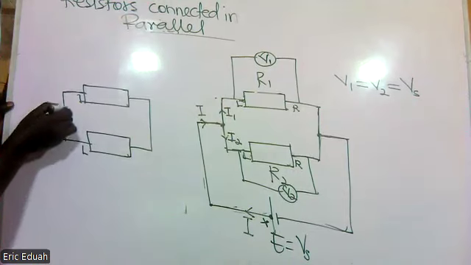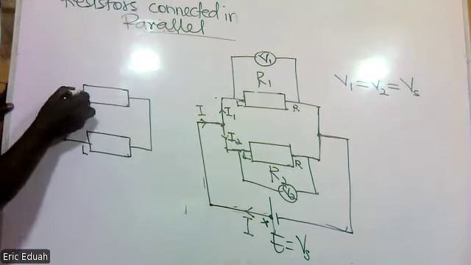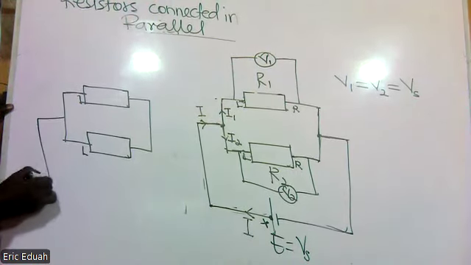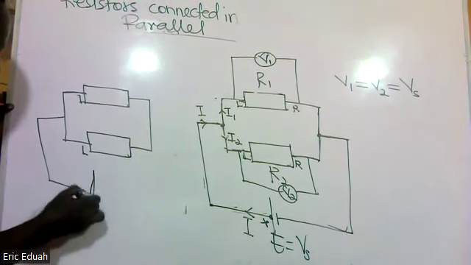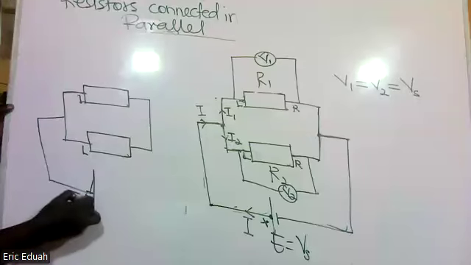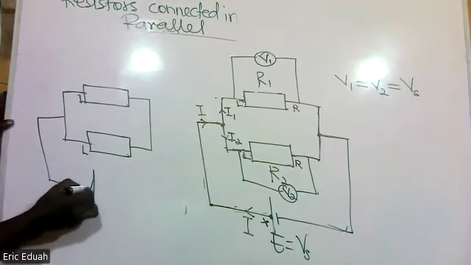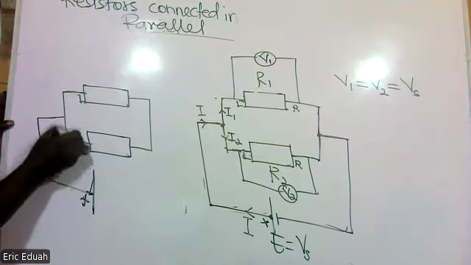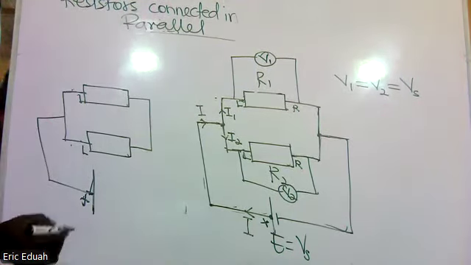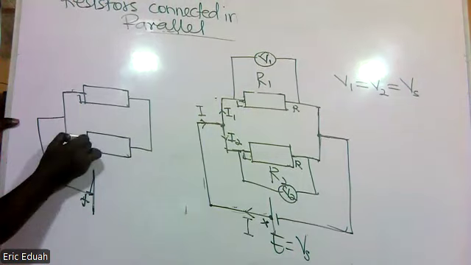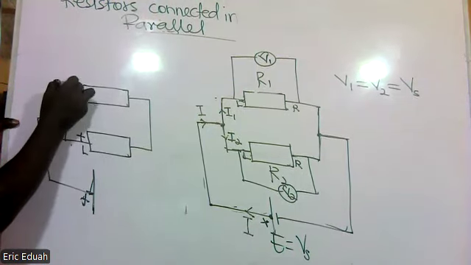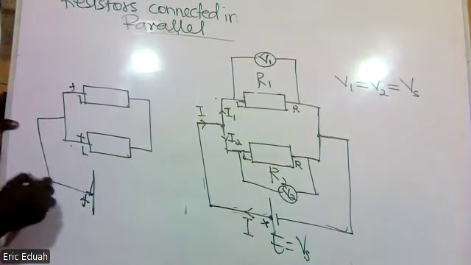Then the joined left is connected to one side of the battery. If it is positive, whatever this side has is what the left-hand side would also have. So when this is positive, this side would also be positive. This side would also be positive.